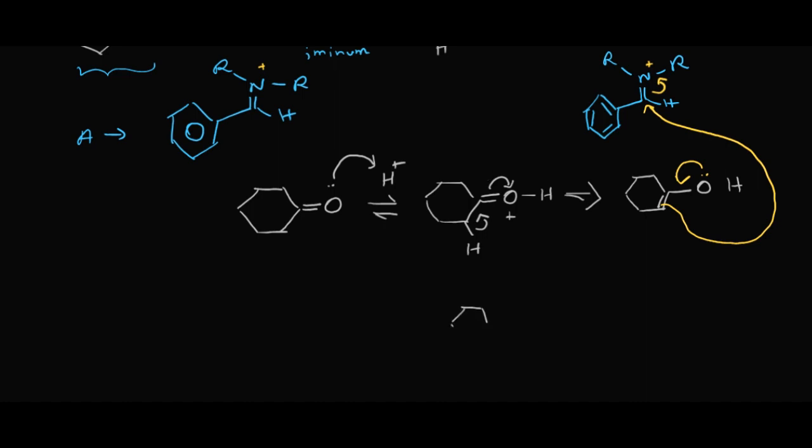Here we have our compound, right? Then to this place, this part will be attached. Here we have the nitrogen, which has two R groups and a phenolic part. So it's easy. This is our product from our Mannich reaction.